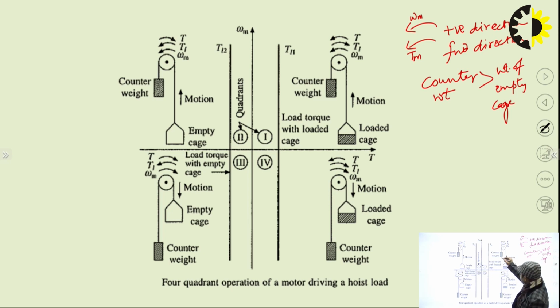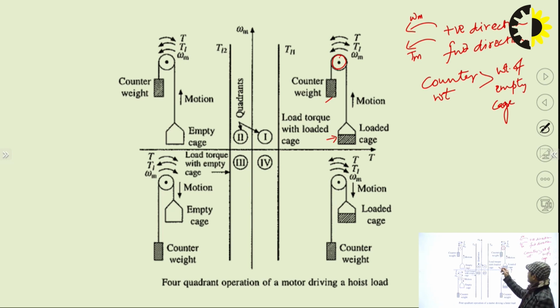So this is the counterweight. Here this is the motor, connected through the rope, and this is the cage, which we normally call the lift.